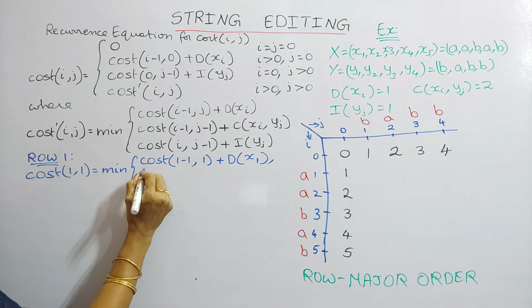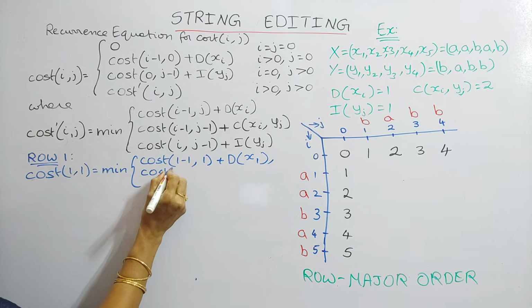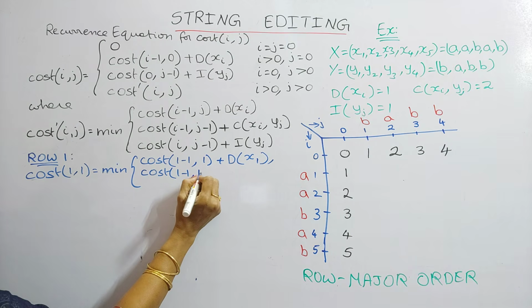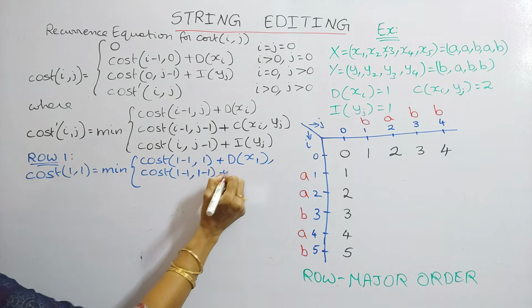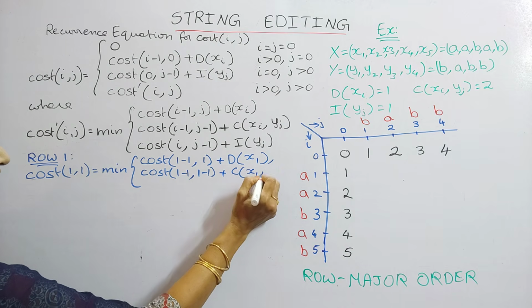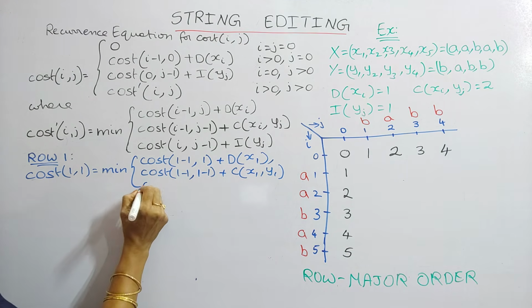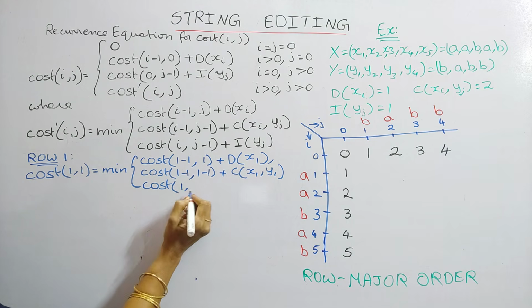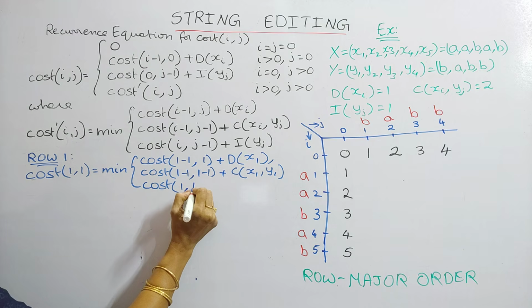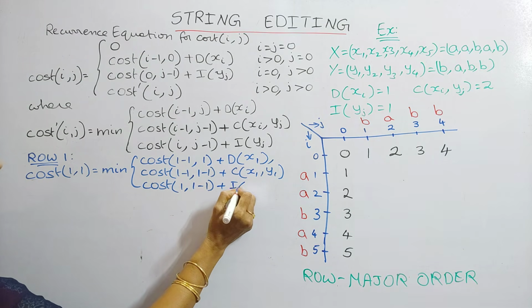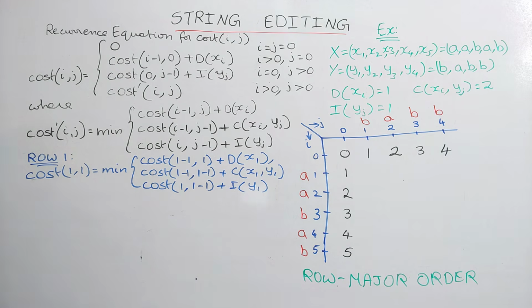Next, the second term is cost of I minus 1, that is 1 minus 1, and j minus 1, that is also 1 minus 1 plus c of x1 comma y1. Next one is cost of I is 1 comma j minus 1. J is 1. So that's why it is 1 minus 1 plus insert of y1. So now you give the values for all the three.